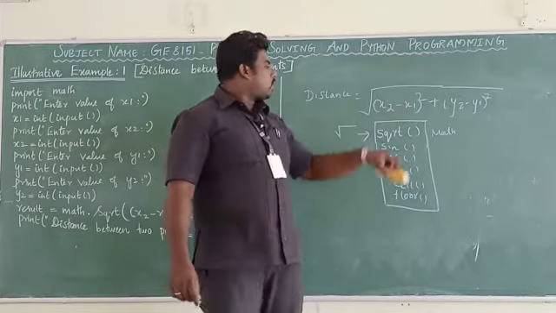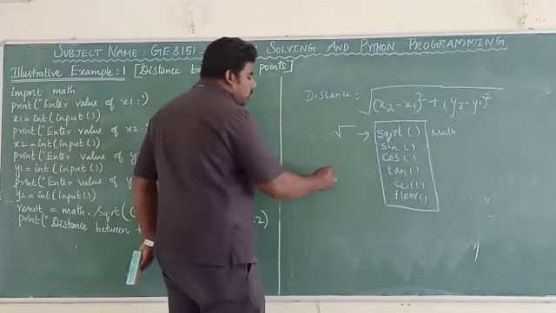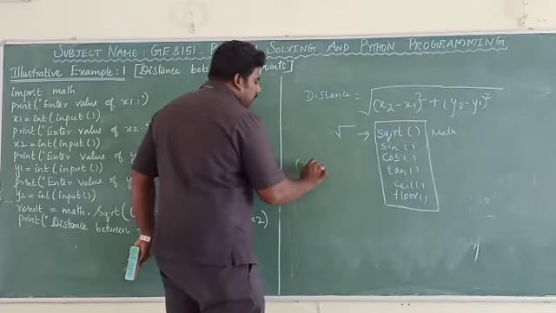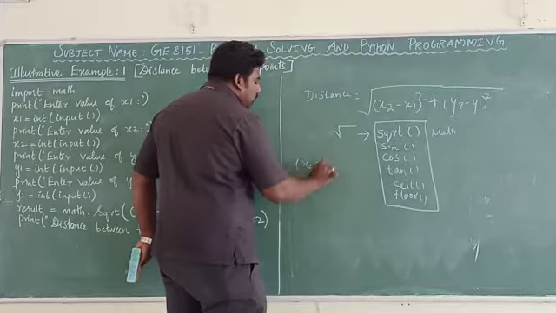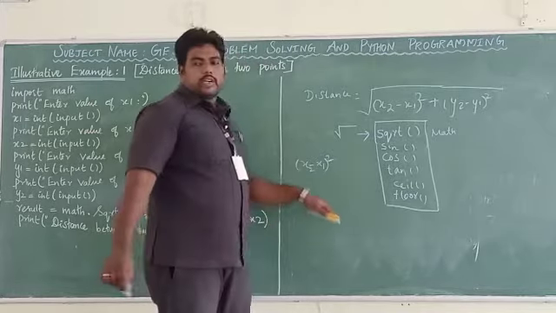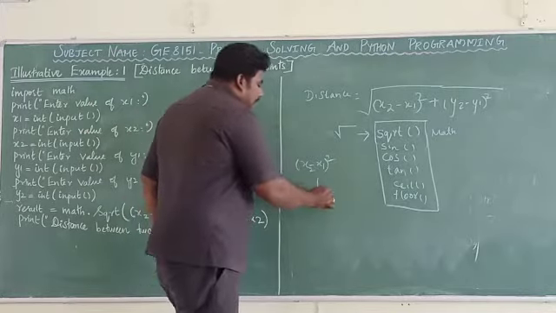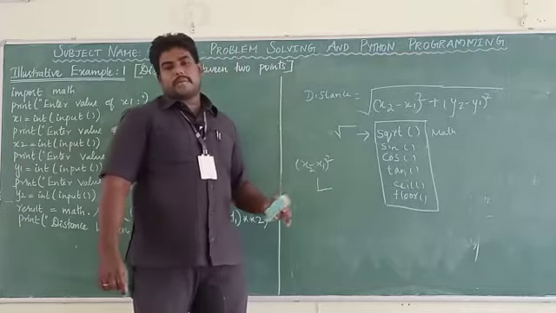So instead of the square root symbol, we have to use the square root function in programming. Similarly, in a programming language, there is no square symbol. Here x2 minus x1 whole square is there, right? You can't put square directly in your programming language.